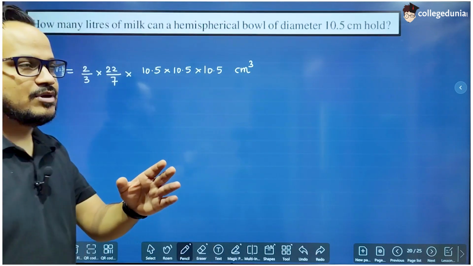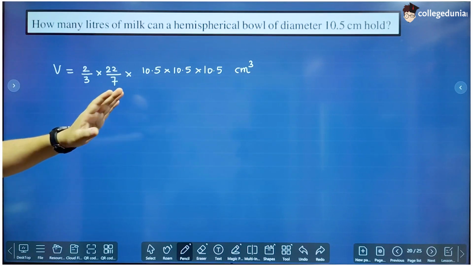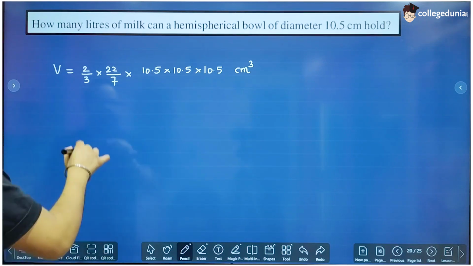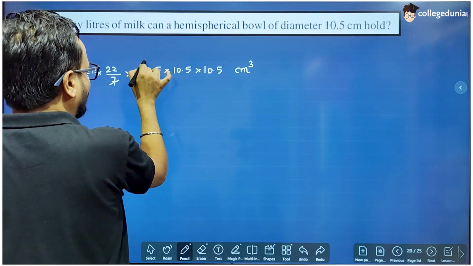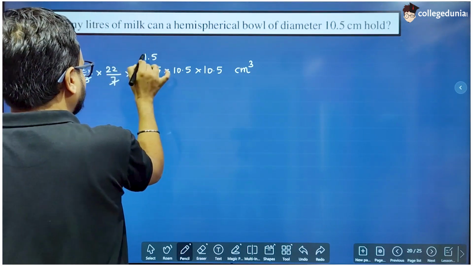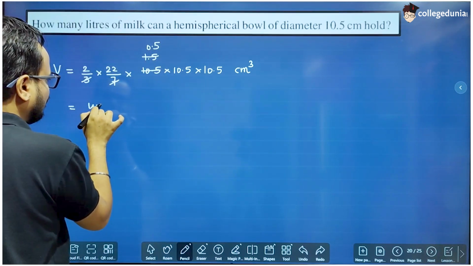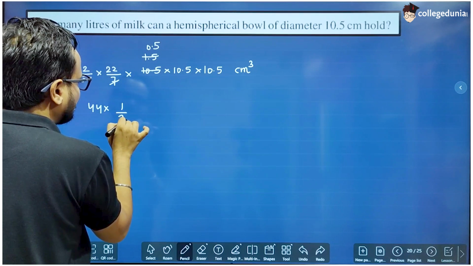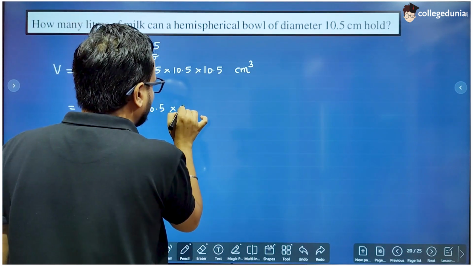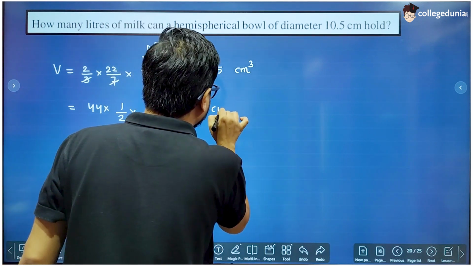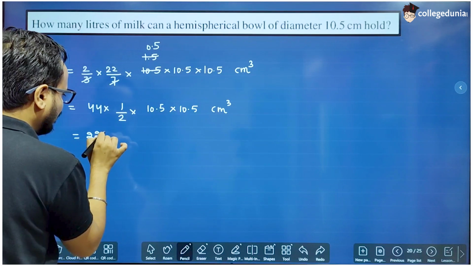This volume is in centimeter cube, but we have to find the capacity in liters. So now again we will divide this by 1000 as we did in the other question. So 7 into 1.5, 3 into 0.5. So 44 into 0.5 is 1 upon 2 into 10.5 into 10.5 centimeter cube.